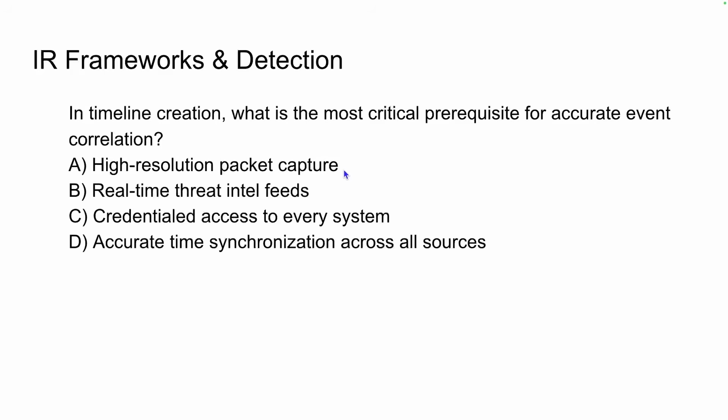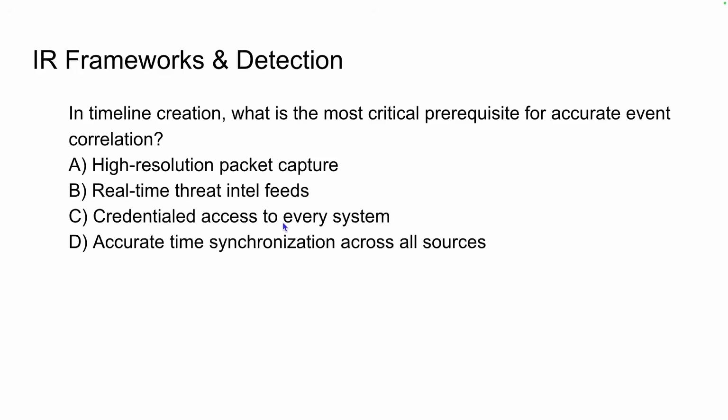In timeline creation, what is the most critical prerequisite for accurate event correlation? High resolution packet capture, real-time threat intel feeds, credentialed access to every system, accurate time synchronization across all sources. That's probably the most obvious answer.